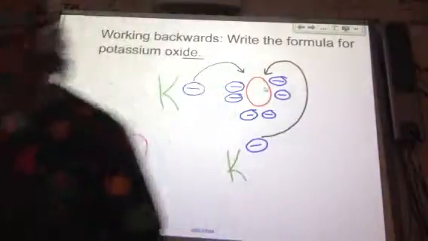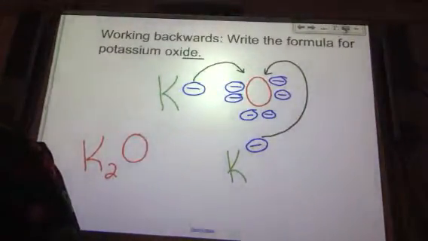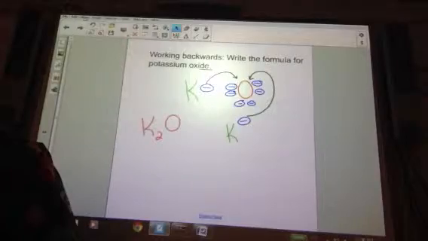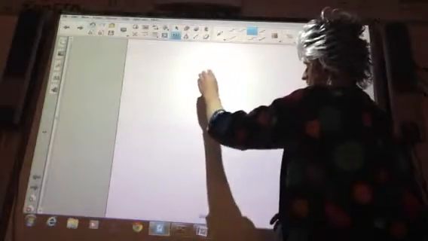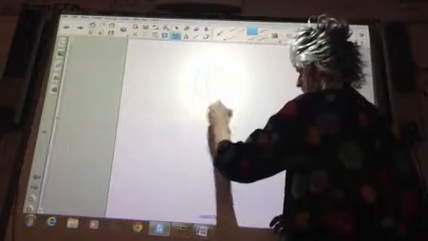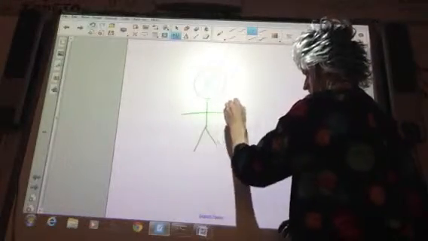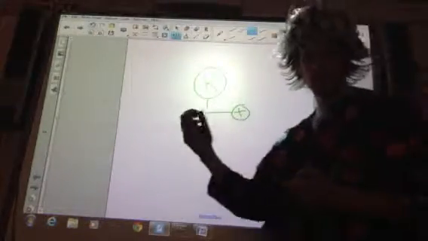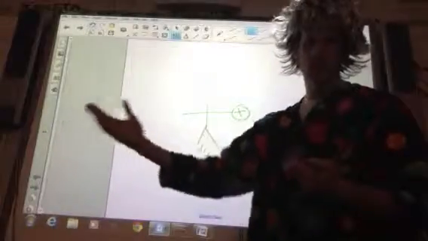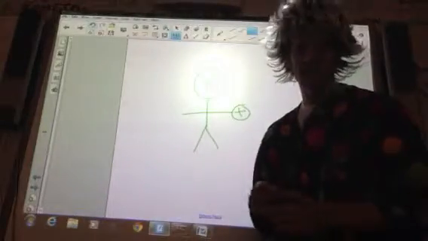Now, real life example again. All right. So, the opposite now. You have potassium. Mr. Potassium has a plus charge. Because he has 1 valence electron, he wants to get rid of it, which will make him a positively charged cation.